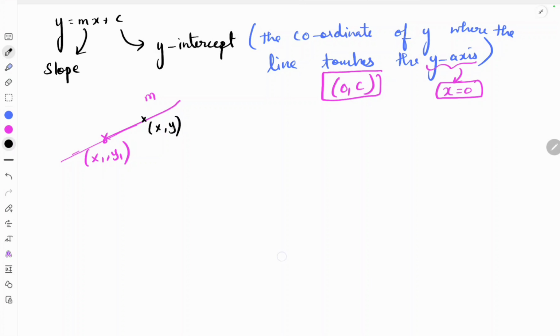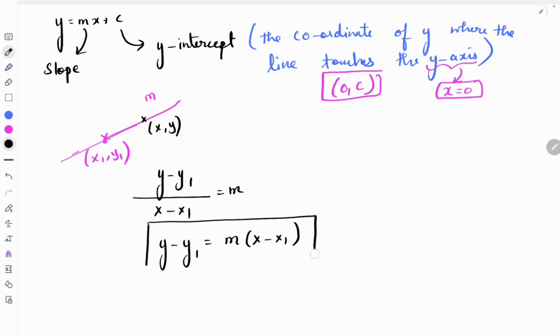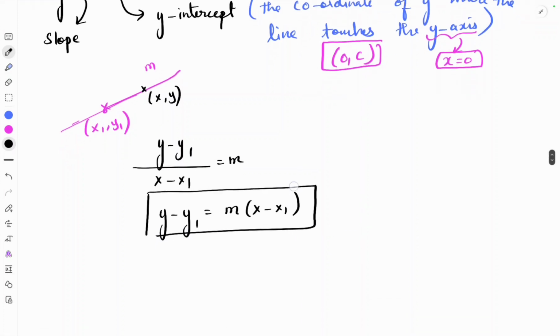So y2 minus y1, just the difference of y divided by difference of x will be equal to m. So y minus y1 divided by x minus x1 will be equal to m. So y minus y1 equal to m times x minus x1. Suppose if we know the slope of one line and one point on the line, easily we can write the equation of that line.